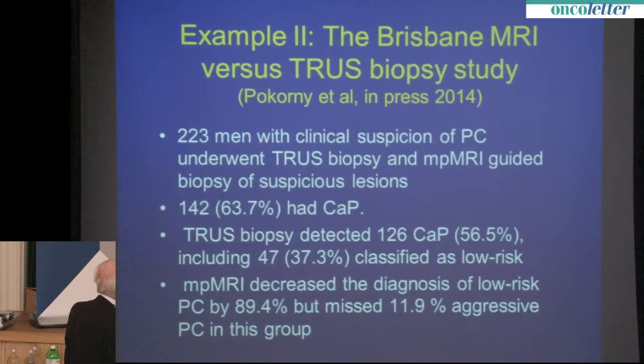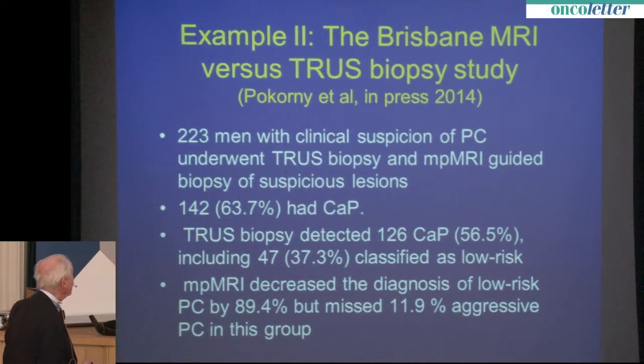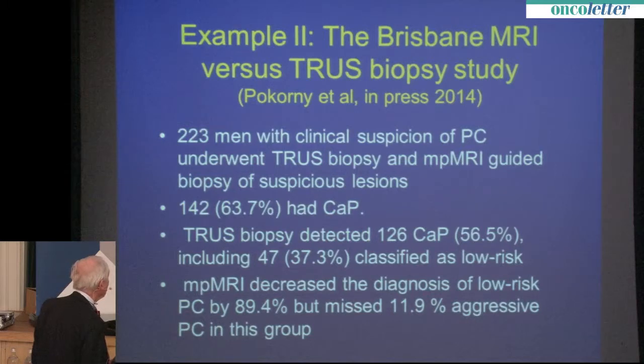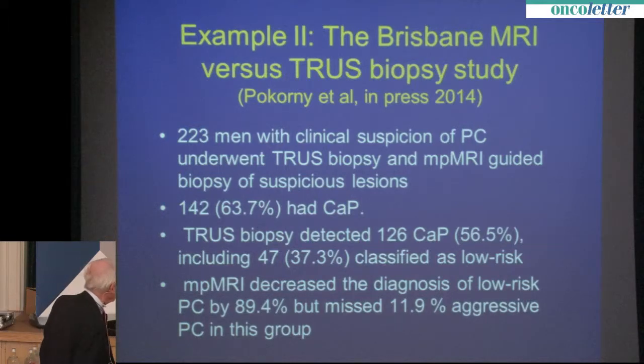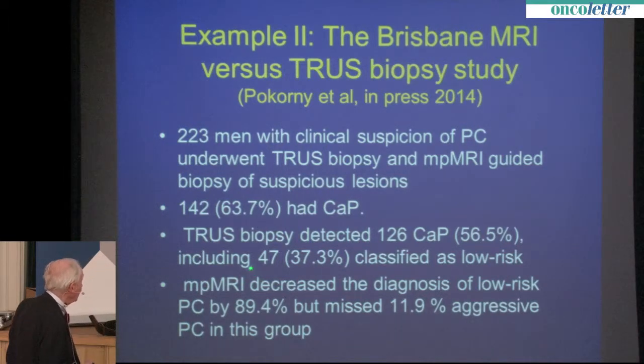Now, this is the second paper I want to refer to. It is in press in European Urology. The Brisbane study, 223 men with clinical suspicion of prostate cancer. They all underwent TRUS-guided biopsies and an mpMRI-guided biopsy of suspicious lesions if they had them. And in this study, 63.7% had prostate cancer. The TRUS-guided biopsy detected 126 prostate cancers, and of those, 47 or 37.3% were classified as low risk.